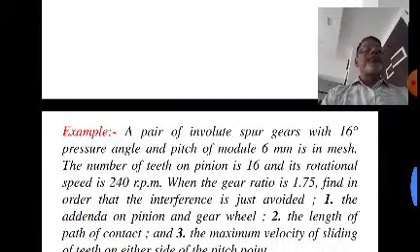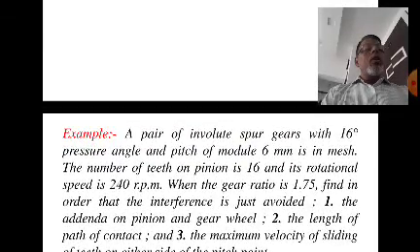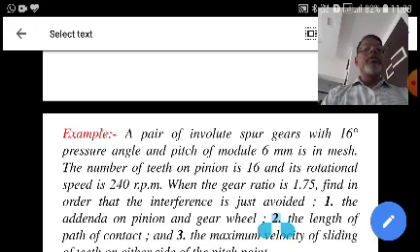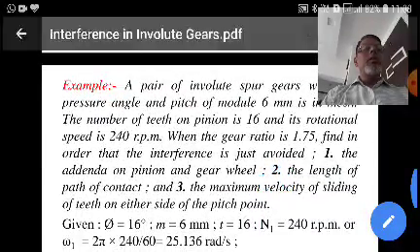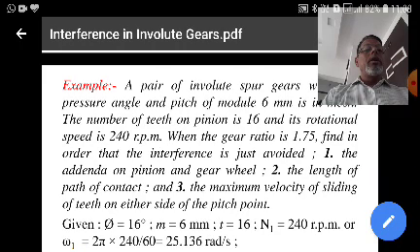Right. Now we'll see one numerical. A pair of involute spur gears with 16 degree pressure angle, so phi is given as 16 degrees, and module of 6 mm, is in mesh. The number of teeth on the pinion is 16, and its rotational speed is 240 rpm.